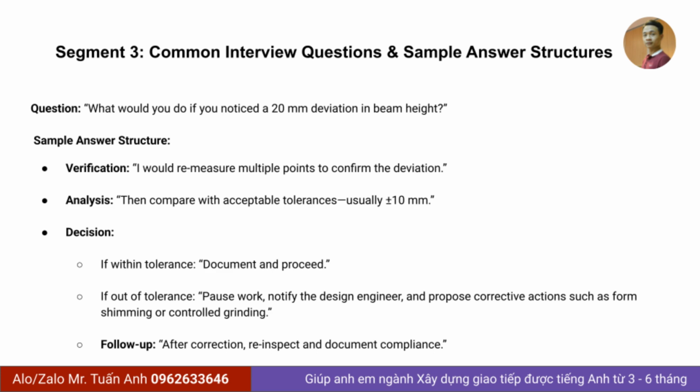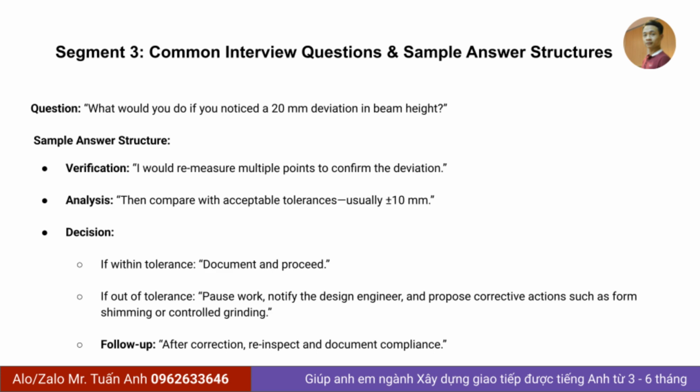Sample answer structure. Verification. I would remeasure multiple points to confirm the deviation. Analysis. Then compare with acceptable tolerances, usually plus minus 10 millimeters. Decision. If within tolerance, document and proceed.